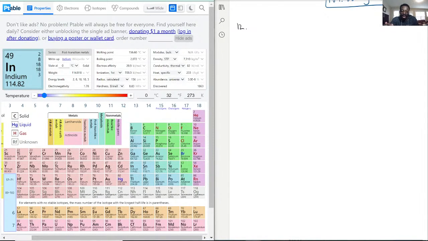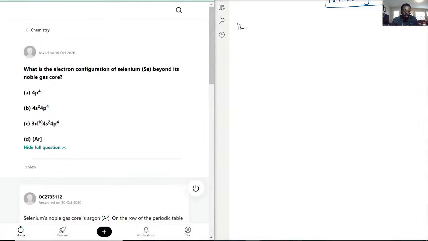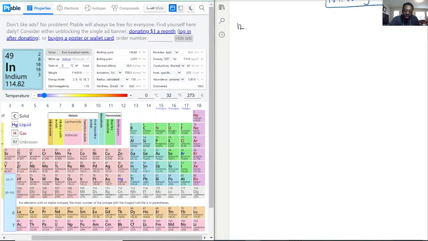But with that being said, we have selenium. Okay, it asks beyond its noble gas. Okay, so electron configuration of selenium beyond noble gas.